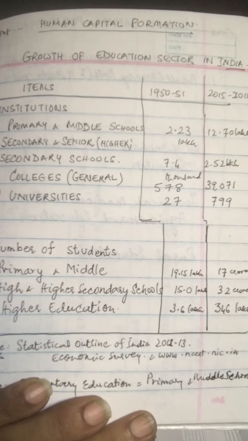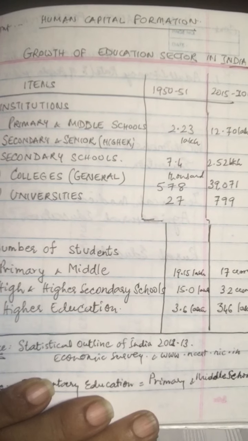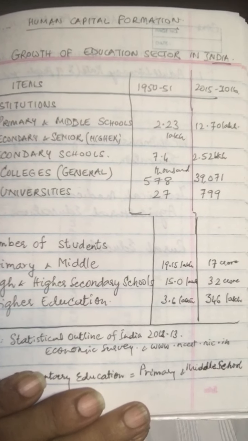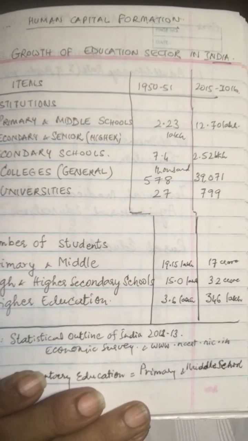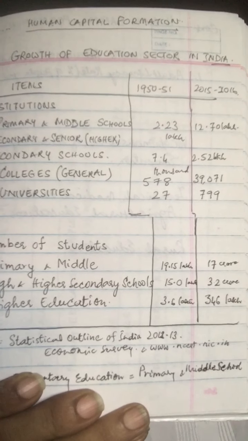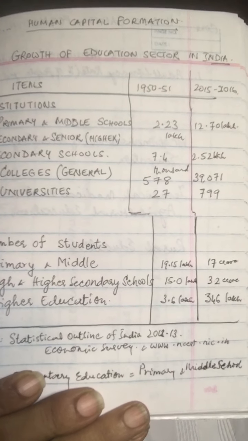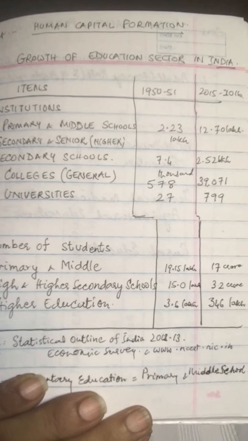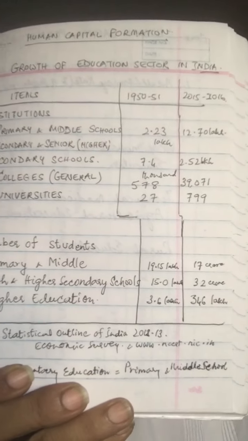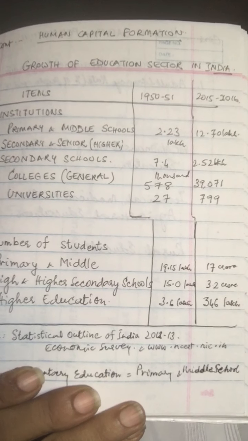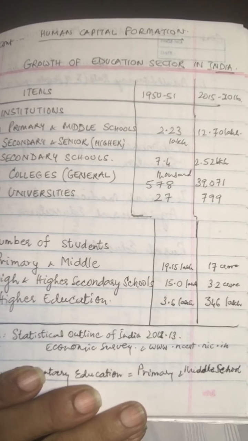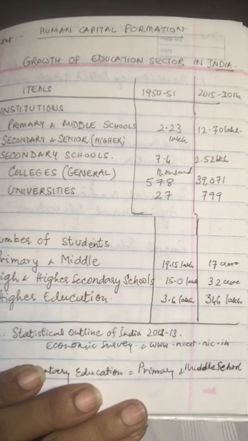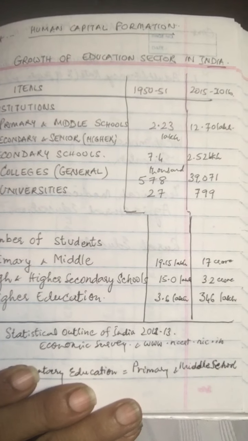Higher education also includes general education as well as technical, managerial, medical and other forms of professional education. And this has expanded over time. But there are some areas of concern here. What are they? Generally we find that higher education is largely confined to general education.